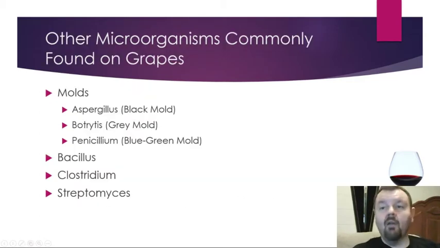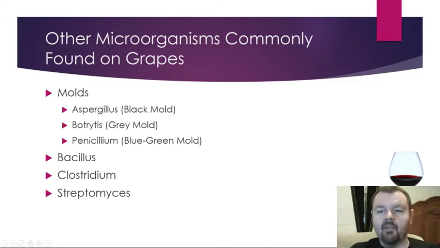Now let's talk about other microorganisms that are commonly found on grapes that could end up in your wine. Molds. I've listed 3 of the most common. We know them as black mold, gray mold, and blue-green mold. Blue-green mold is actually what they make penicillin from. The main reason you worry about molds ending up in your wine is mycotoxins, such as ochratoxin A, which is a heavy-duty carcinogen, and patulin, which causes gastrointestinal problems and skin rashes.